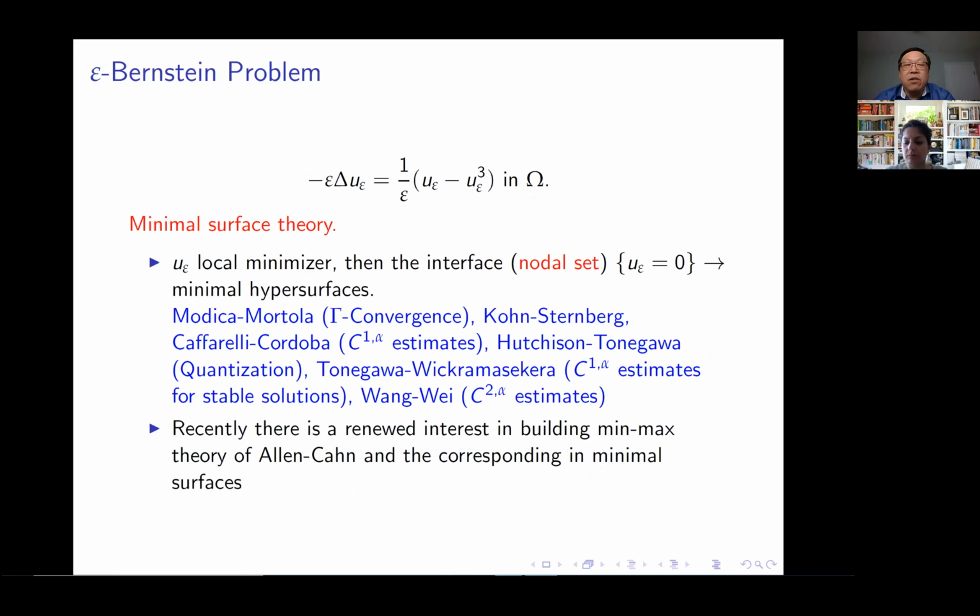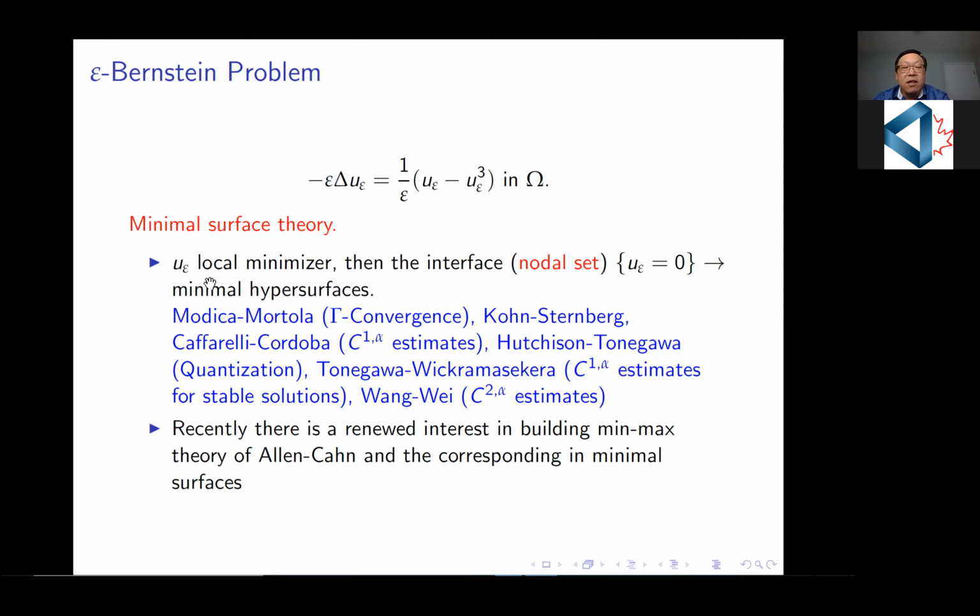Mathematically, this is called the epsilon-Bernstein problem. We put epsilon in front of the Laplacian and 1 over epsilon in front of the nonlinearity, so that epsilon measures the length scale of the sharp interface. This is related to minimal surface theory.